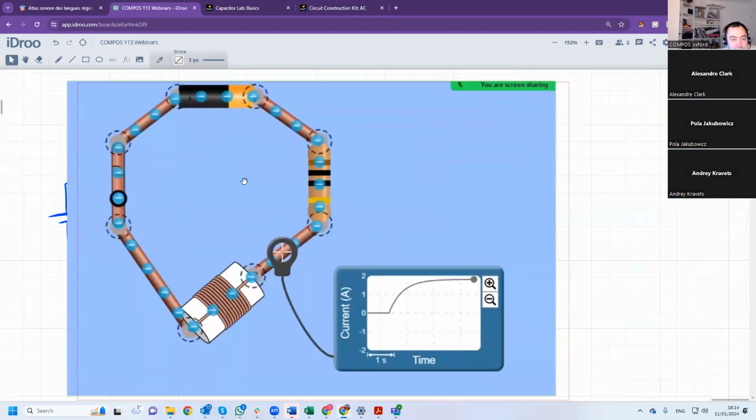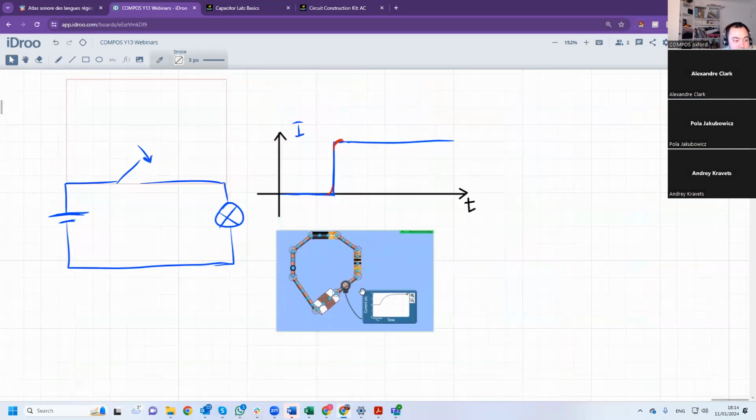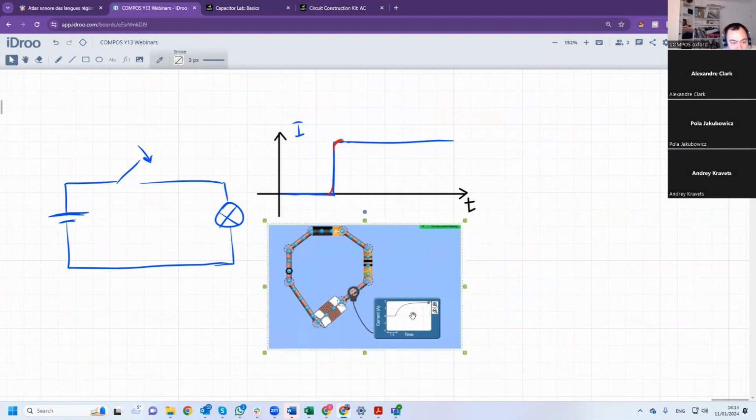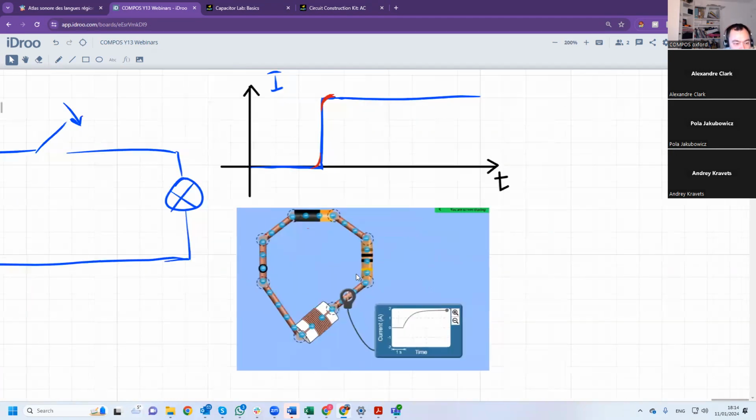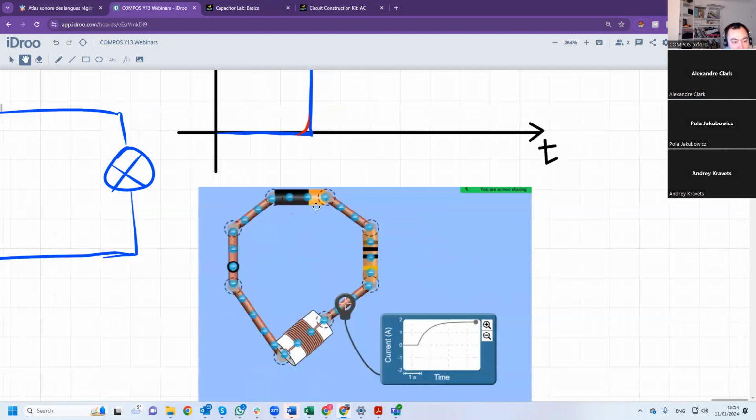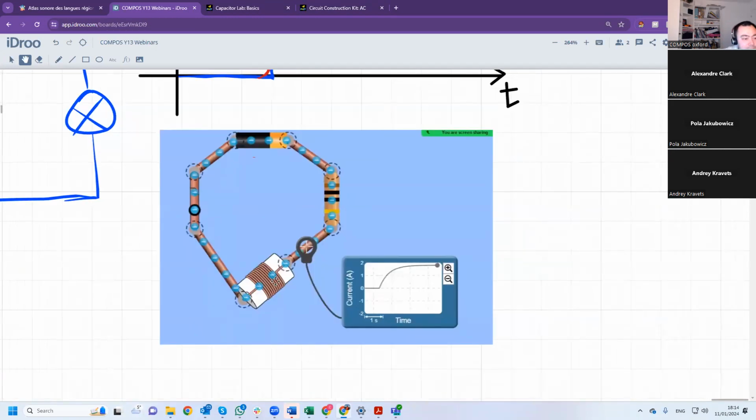It prevents rapid change. It does that by producing a voltage in the opposite direction. So whilst the current is changing, a voltage is induced in the inductor. So this is plus, minus, plus, minus. The inductor acts as a battery pushing in the opposite direction.